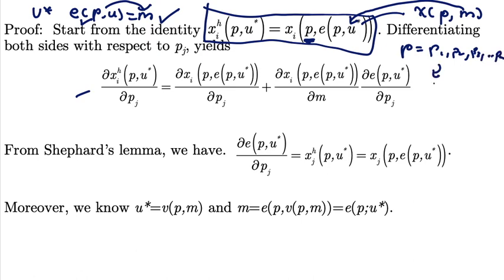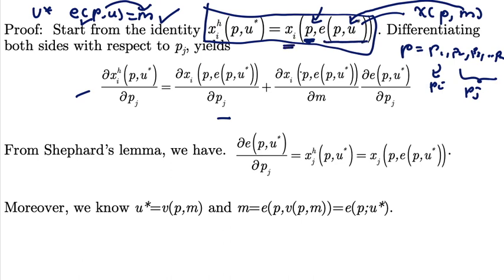Let's call P1 here Pi, and the rest are Pj. That means you need to partially differentiate the Marshallian demand function with respect to Pj first, and after that differentiate the Marshallian demand function with respect to expenditure.